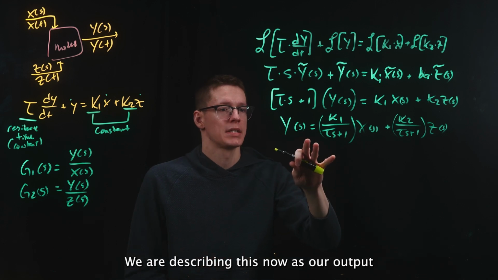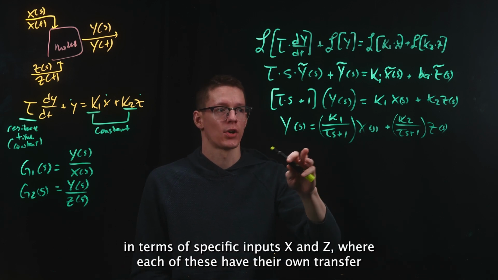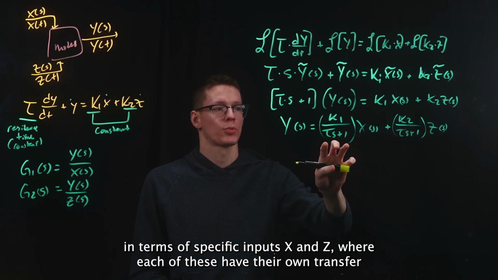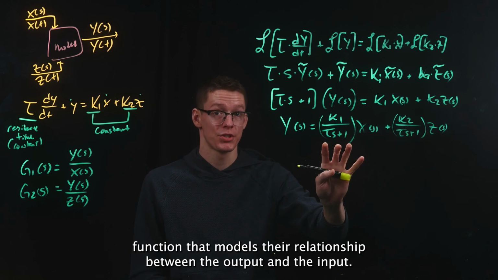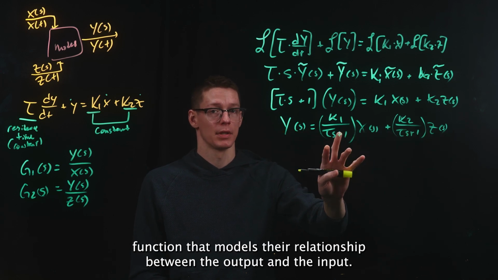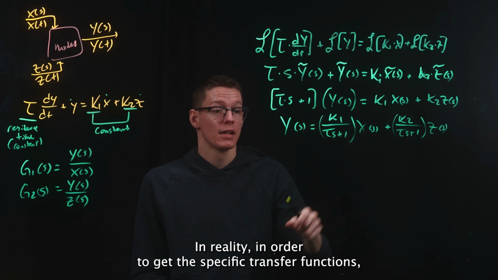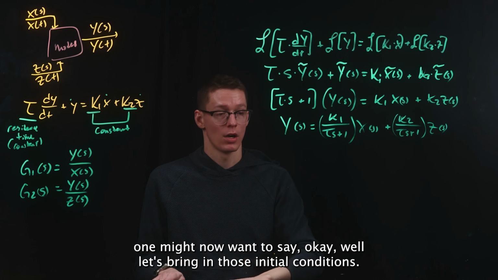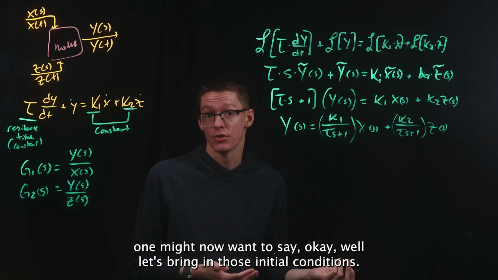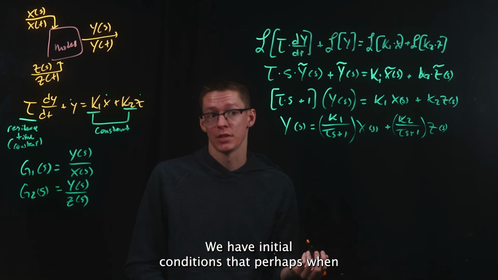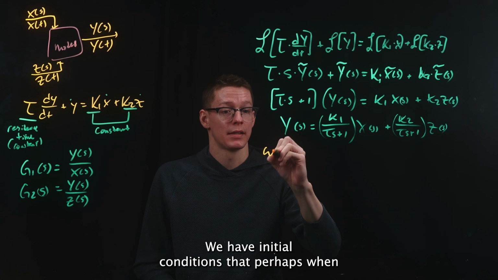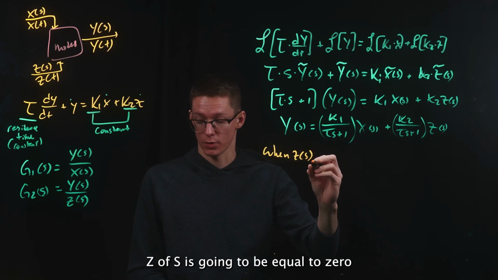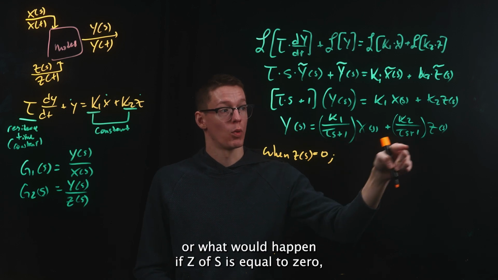We are describing this now as our output in terms of specific inputs X and Z, where each of these has its own transfer function that models the relationship between the output and the input. In reality, in order to get the specific transfer functions, one might now want to say, okay, well, let's bring in those initial conditions. We have initial conditions that perhaps when Z of s is going to be equal to 0, well, what would happen?